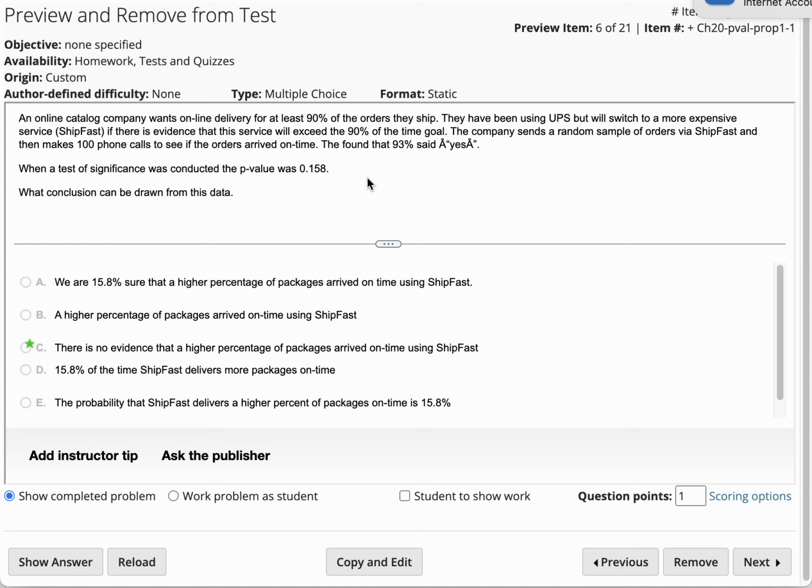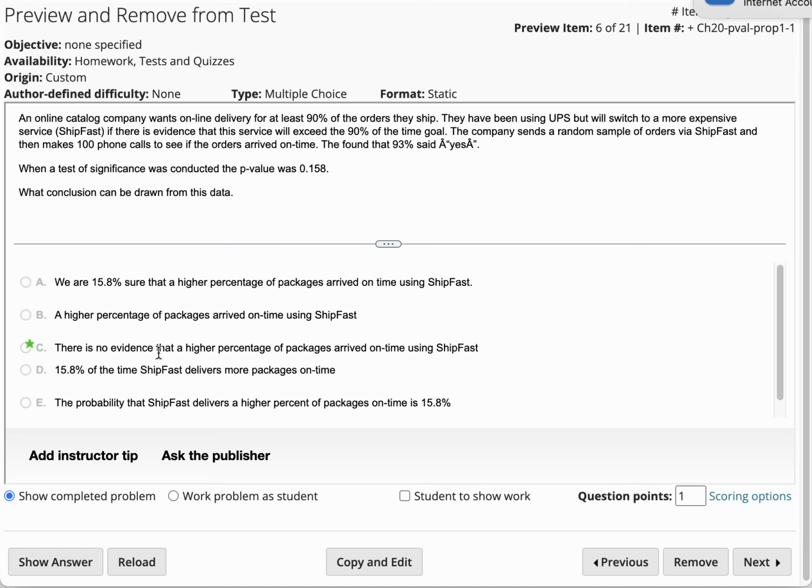Well, they were not able to reject that null hypothesis, so there's no reason to contradict the catalog's claim of 90%. Here we go. There's no evidence that a higher percentage arrived on time using ShipFast.